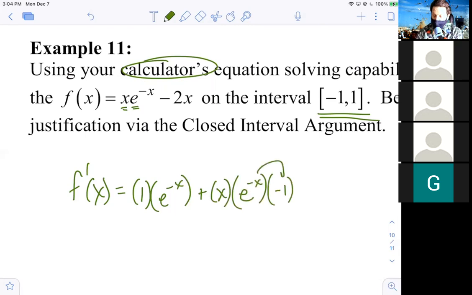I mentioned when we learned this at first that for some reason, this is what most people tend to forget. When it's just e to the negative x, a lot of people forget the -1, chain rule. Okay, and then the derivative of -2x is -2.